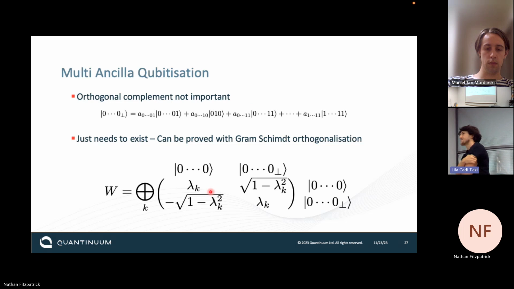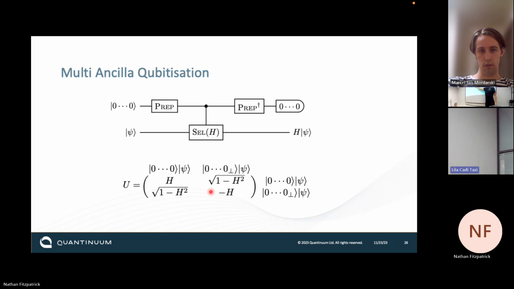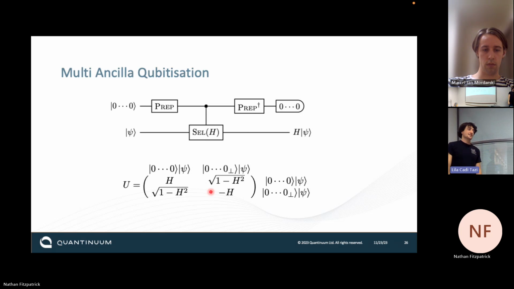I actually much prefer, you'll see in a second, what they exploit is that there's always an orthogonal space existing on this register, but you can be slightly more explicit and project onto a qubit, and the qubit always has this orthogonality, which I think is much easier to understand.